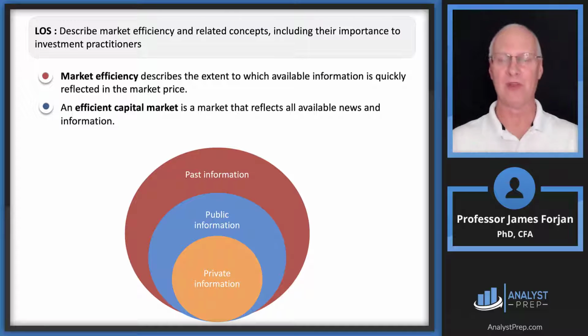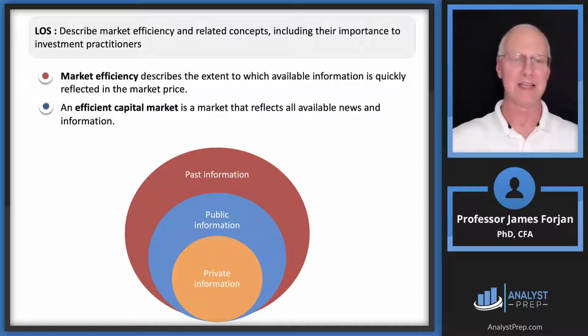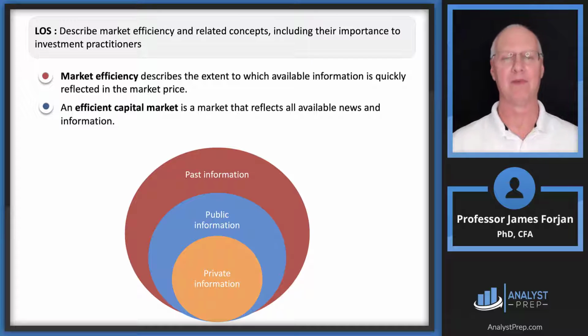And then we squeeze that down to include private information, which includes and is not quite limited to, but it gives candidates a pretty good idea of what private information is: think about being on the board of directors and you're discussing really, really important things, like maybe taking over another company. And so at the end of the meeting, you say something like, okay, we're deciding to take over this other company. That's private information. That takeover firm's stock price does not yet reflect that private information.